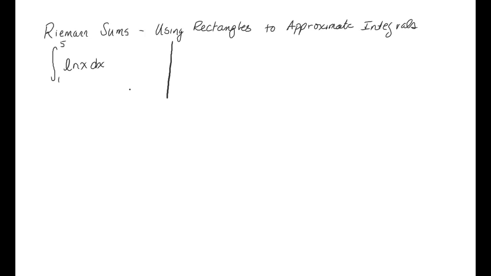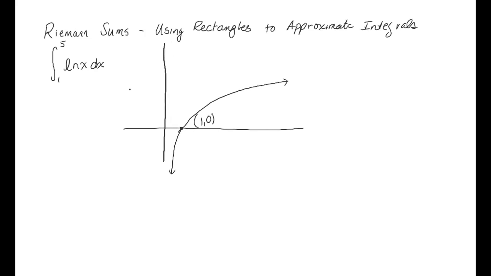If we think about the graph of the natural log function, remember it crosses the x-axis at (1, 0), increases left to right, but pretty slowly. And so 2, 3, 4, 5. And that integral represents the area under the curve from 1 to 5. So that's really what we're trying to approximate.